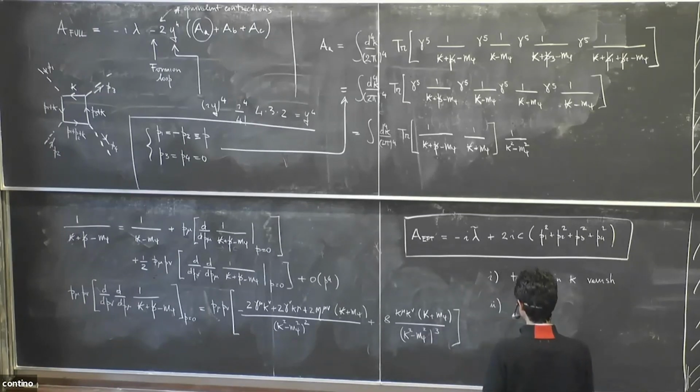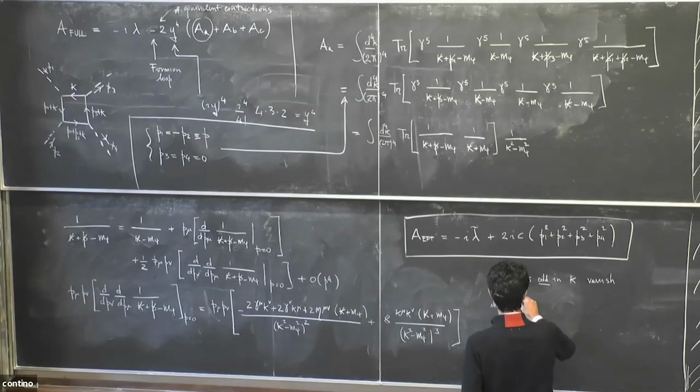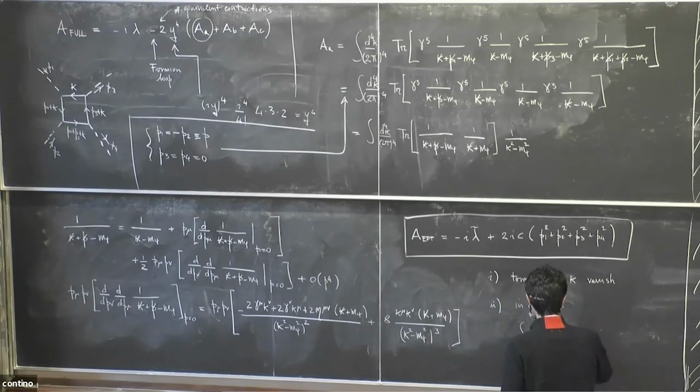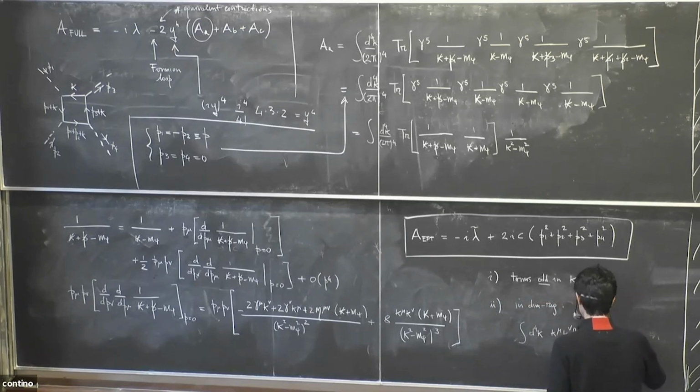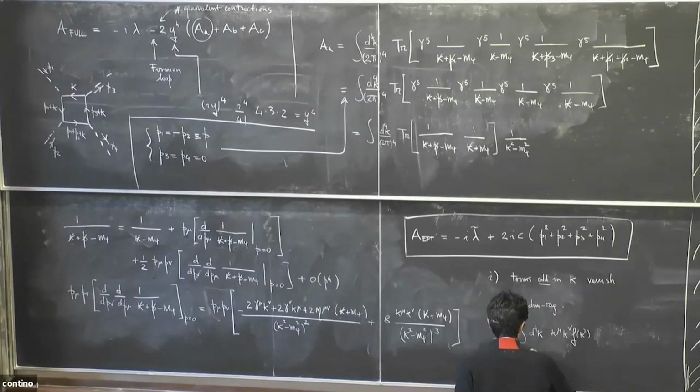And then the second observation is that in dimreg you have that the integral d4k, let's say d4 kappa, of k mu k nu times any function of kappa squared is equal to eta mu nu over 4 times the integral d4k of f of k squared.